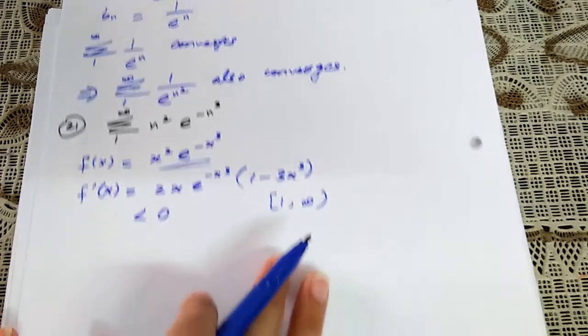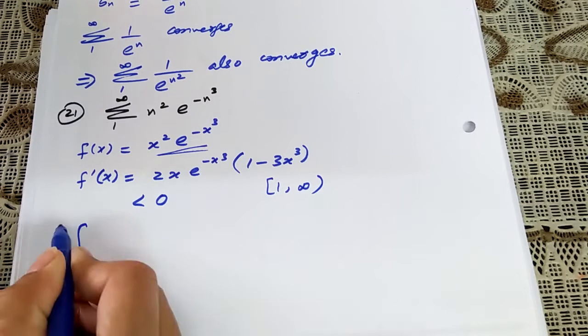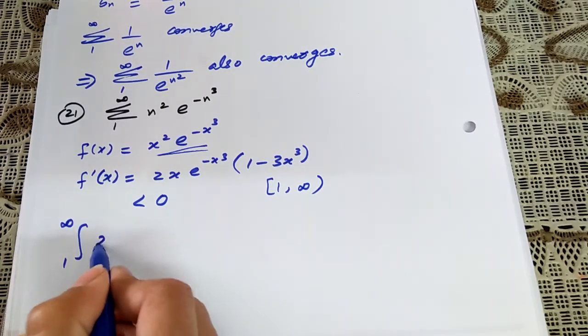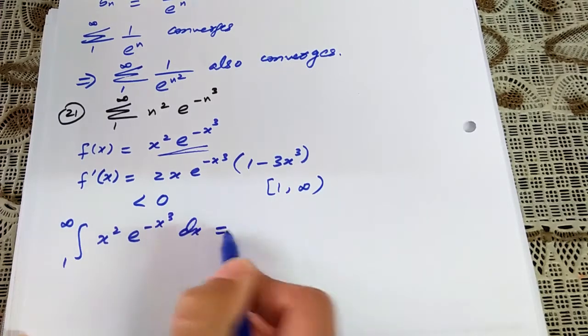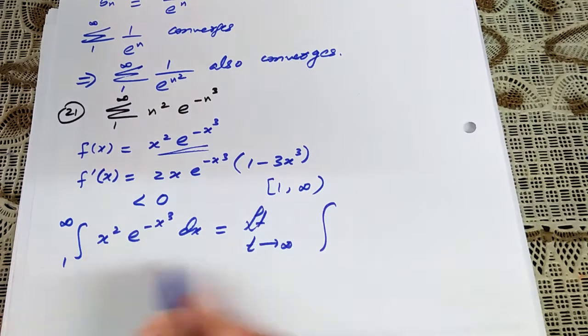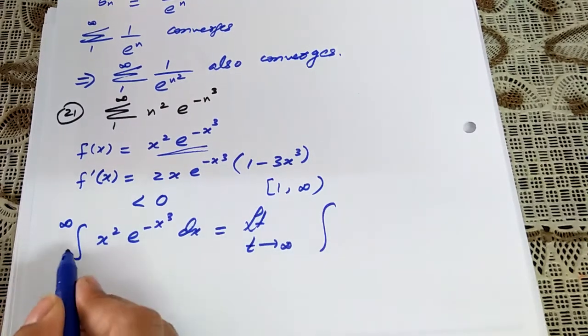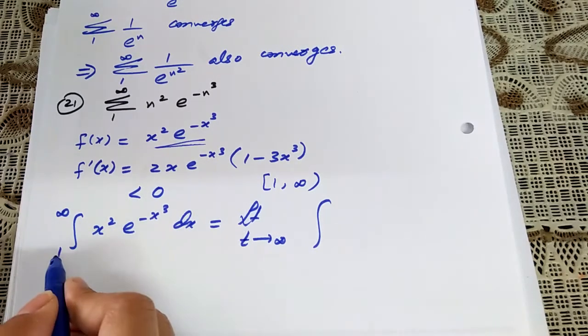So you can use the integral test here, and that is integration from 1 to infinity x square e raised to power minus x cube dx. This will be equal to the limit t approaches infinity.